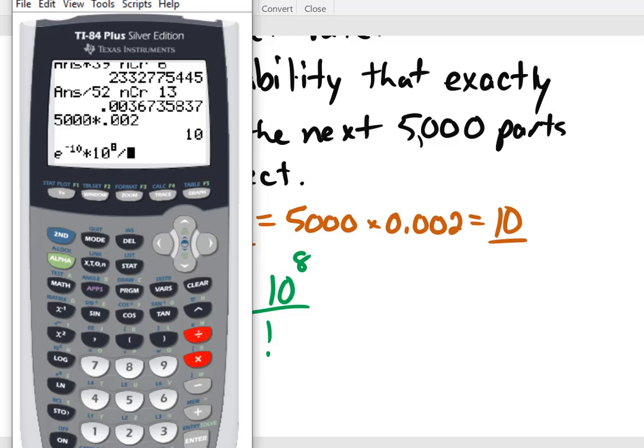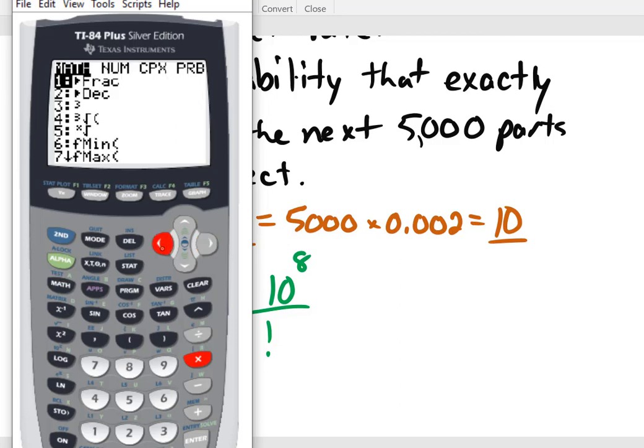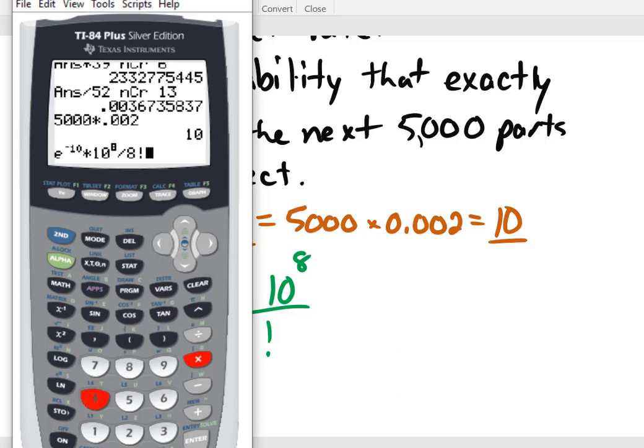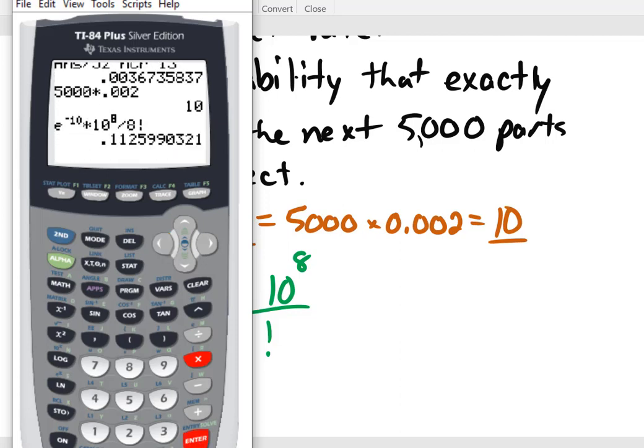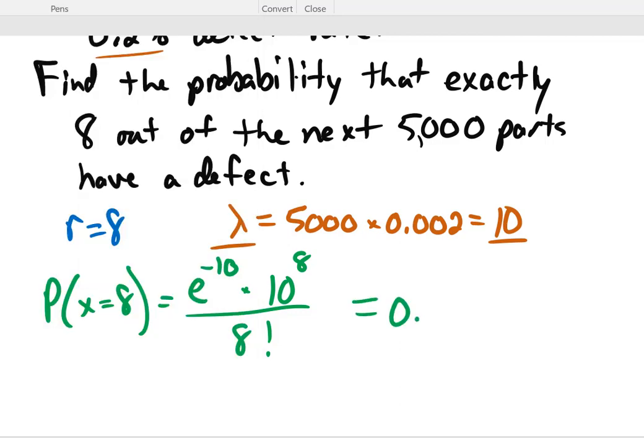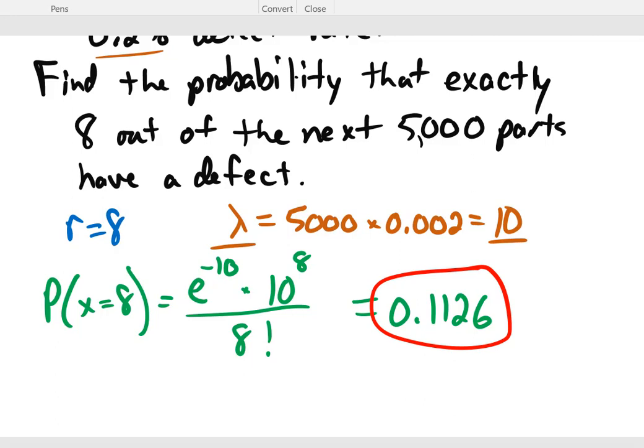Divided by 8, math, factorial. Giving us 0.11259, so we're going to round that to 0.1126 is that probability. So 0.1126 is the probability that exactly 8 out of the next 5,000 parts is going to have a defect.